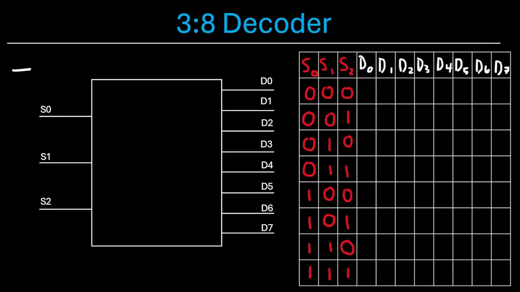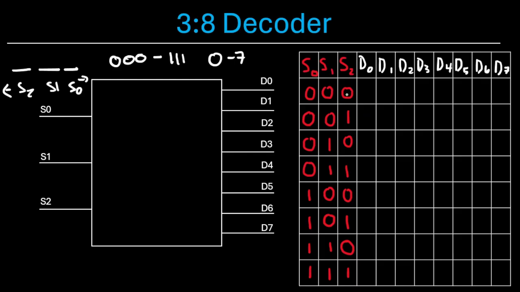Here we've got our last decoder, a 3 to 8. We've got 3 input bits, S0 being the rightmost, S1, and then S2 being the leftmost. And again, we can represent numbers 0, 0, 0 through 1, 1, 1, or 0 through 7. And you can see that reflected on the decimal outputs, D0 through D7.